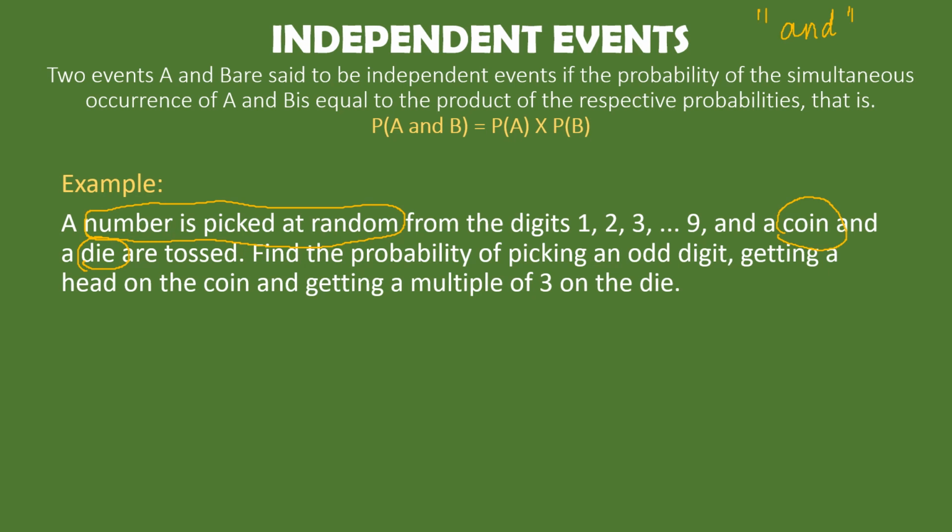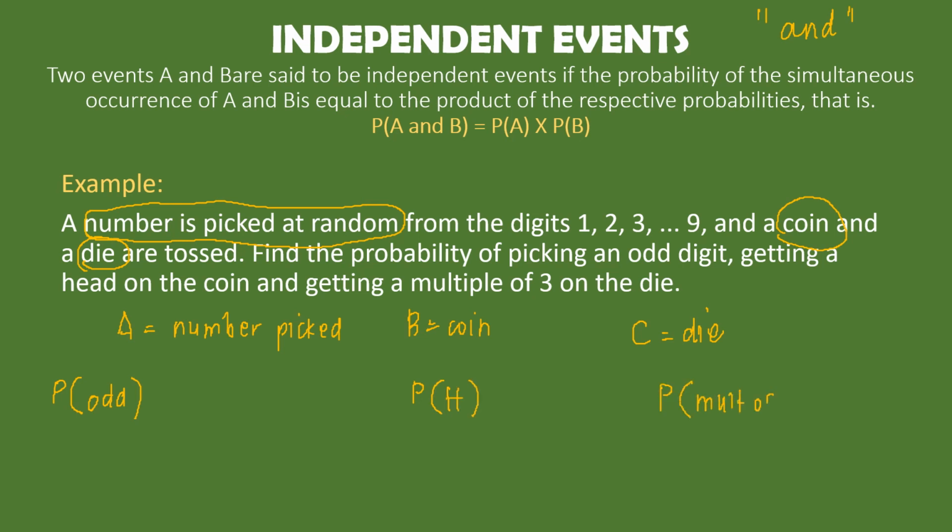Therefore, let us name which is A, which is B, which is C. Let's say A is the number picked, B is the coin being tossed, and C is the die being rolled. So we are getting the probability of getting an odd digit, the probability of getting a head on the coin, and the probability of getting a multiple of 3 on a die.